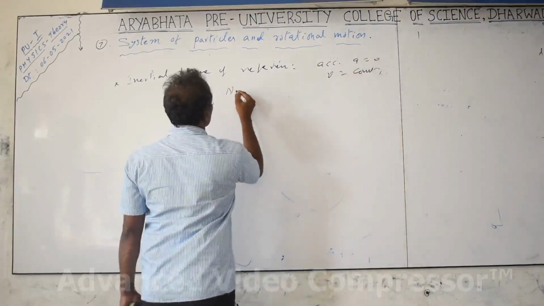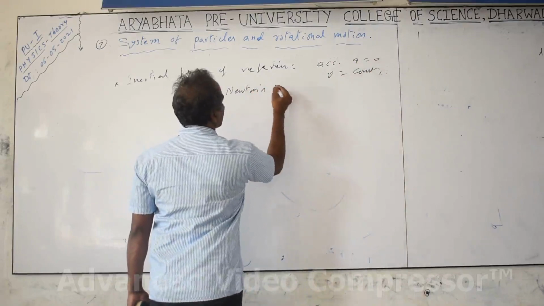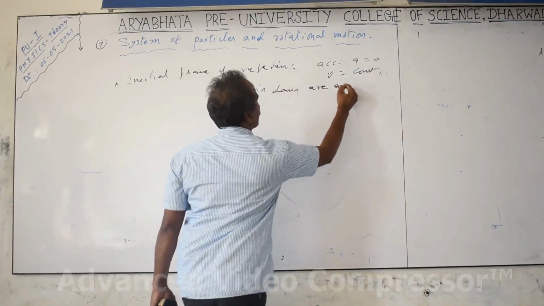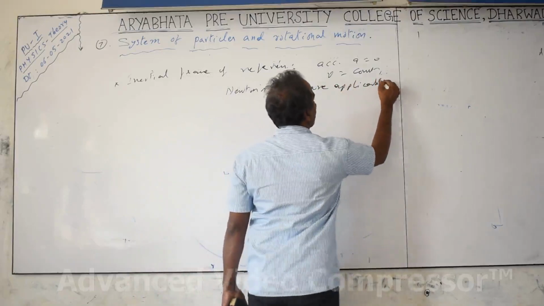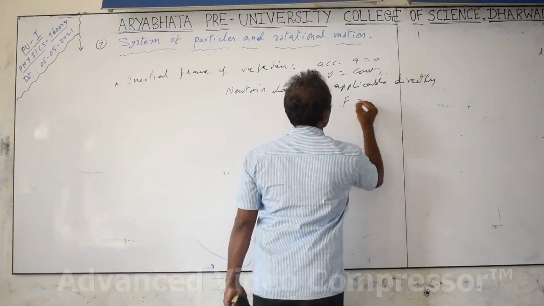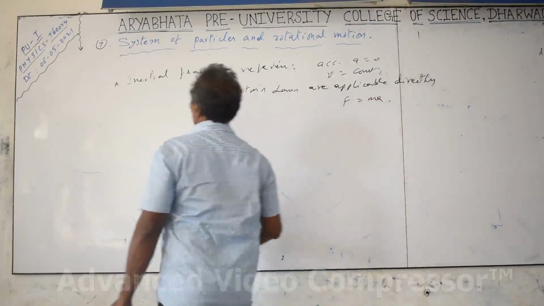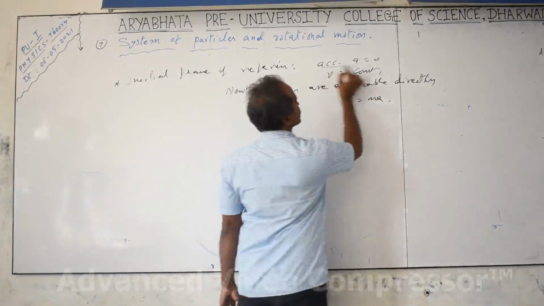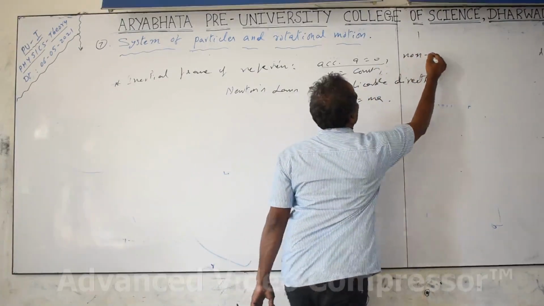Newton's laws are applicable directly, which means you can write directly F equal to ma. Such a non-accelerating reference frame, where acceleration is 0, is called a non-accelerating frame.